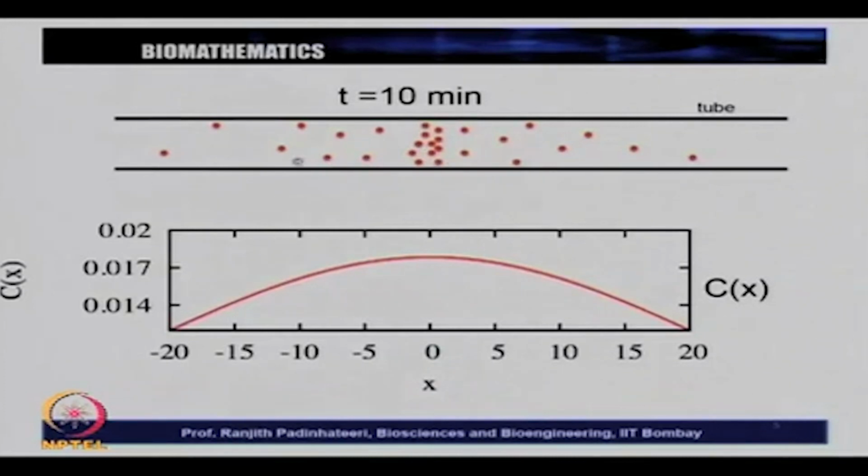Left and right are symmetric to each other on this tube. Therefore, the concentration on average on the left and the right will be the same, and this function will be symmetric about x equal to 0.